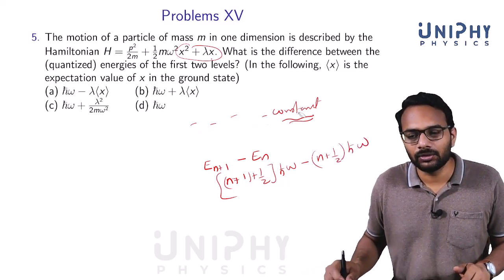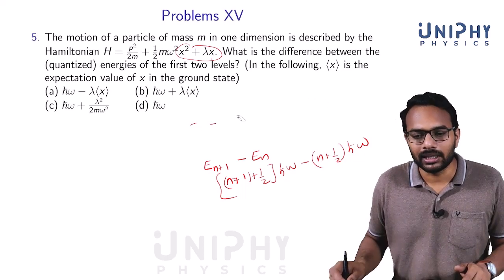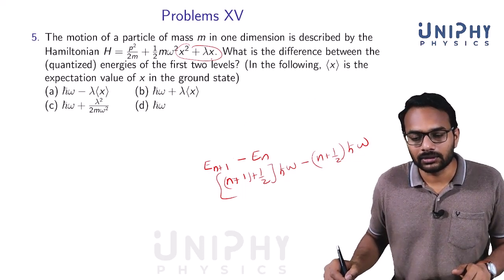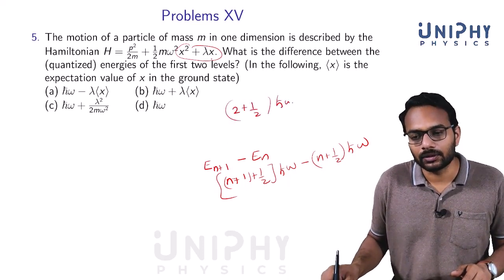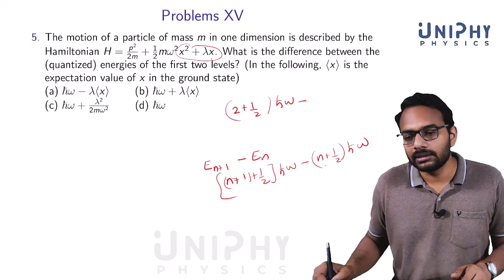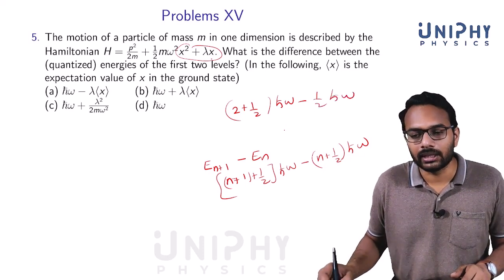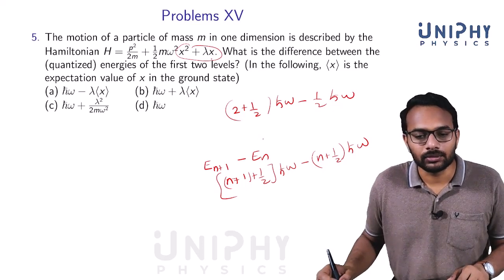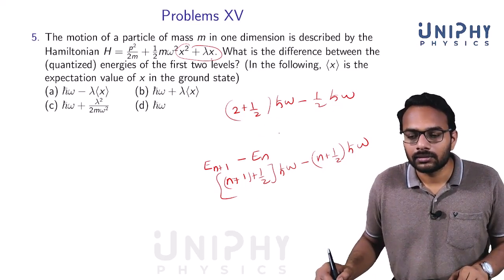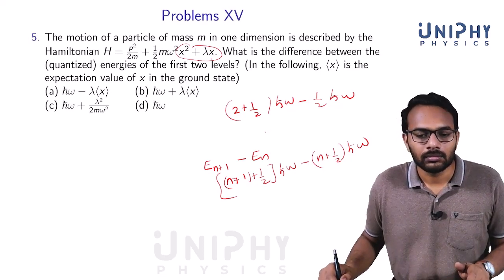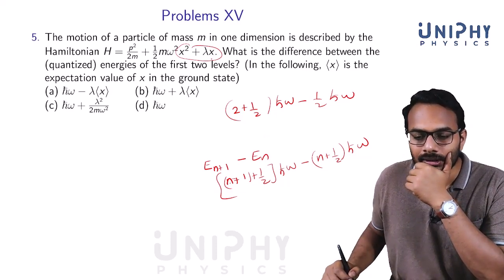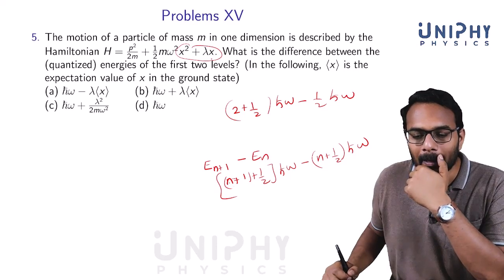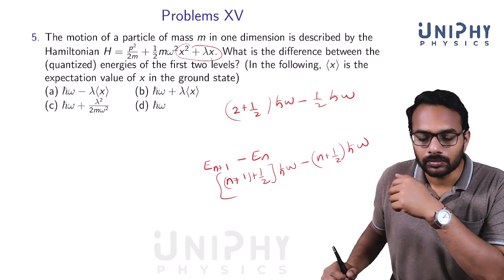They have asked for the first two levels, so we can put n equal to 1 and n equal to 0 here. Okay, sorry, I think I made a mistake.